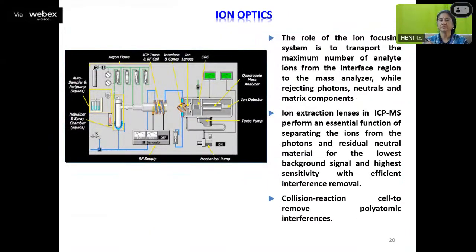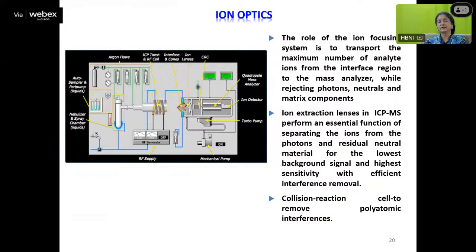So once the ions are forming and entering your mass spectrometer, the sampling cone is there first, then your skimmer cone. Whatever ion cloud has entered inside will consist of normal particulate matter also, then negatively charged ions, electrons, and many other unionized products also.